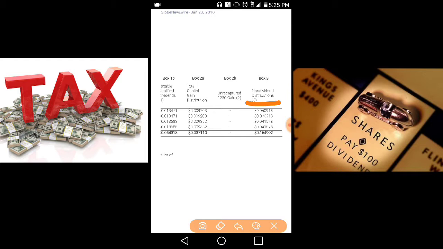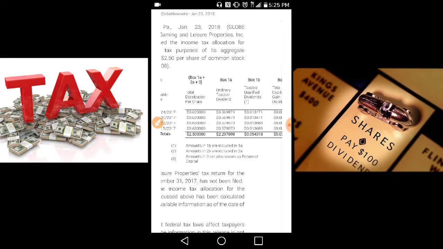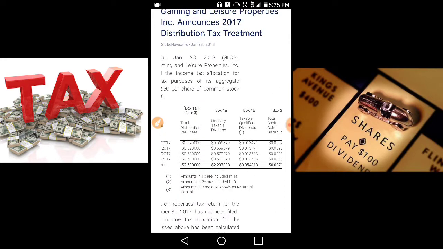It can actually turn out to be a capital gain rather than any cost basis at all for the shares. But that's only on real estate investment trusts. Like I said, you're only going to have to worry about ordinary tax and qualified dividends if you are getting normal dividend distributions. So that's a little summary of tax paying on dividends.